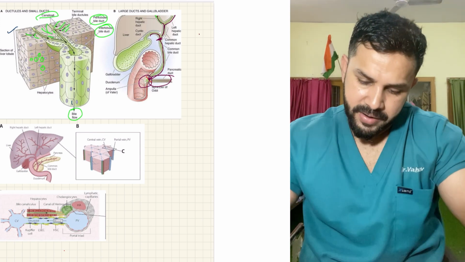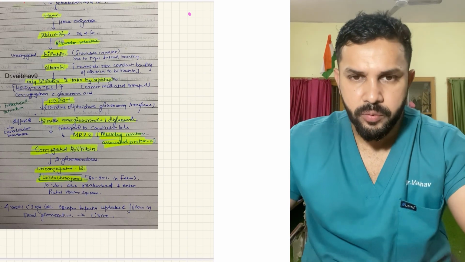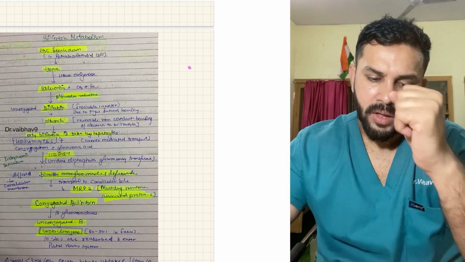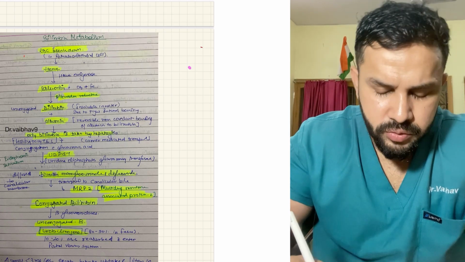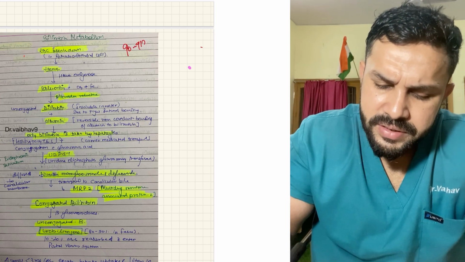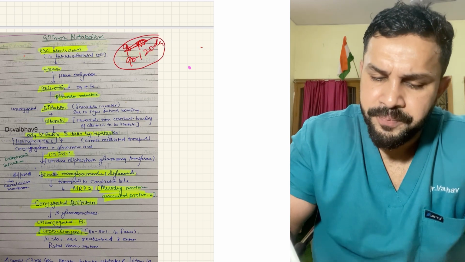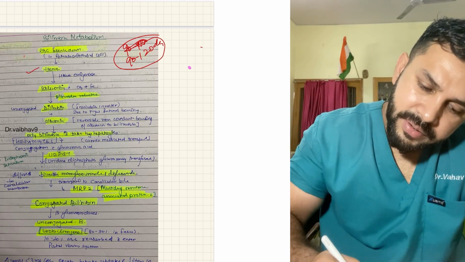So coming to the basics of bilirubin metabolism. RBC has hemoglobin, which contains the heme. When there is destruction of RBC due to any cause or due to aging, the life cycle of RBC being 90 to 120 days, the RBC will break down and heme is formed.